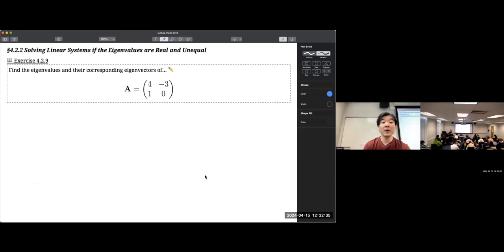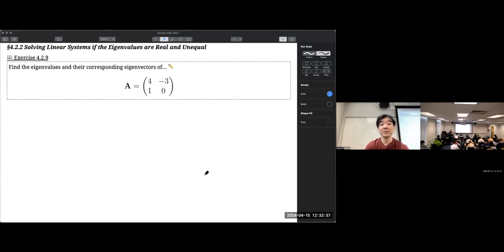So let's do that. This is just a practice, because we're going to use this technique to find the equation of the solution of a differential equation. But let's just practice. So how does it work? You're going to first use the characteristic equation, a minus lambda times d minus lambda minus bc is equal to 0, with these being your entries for a, b, c, and d.